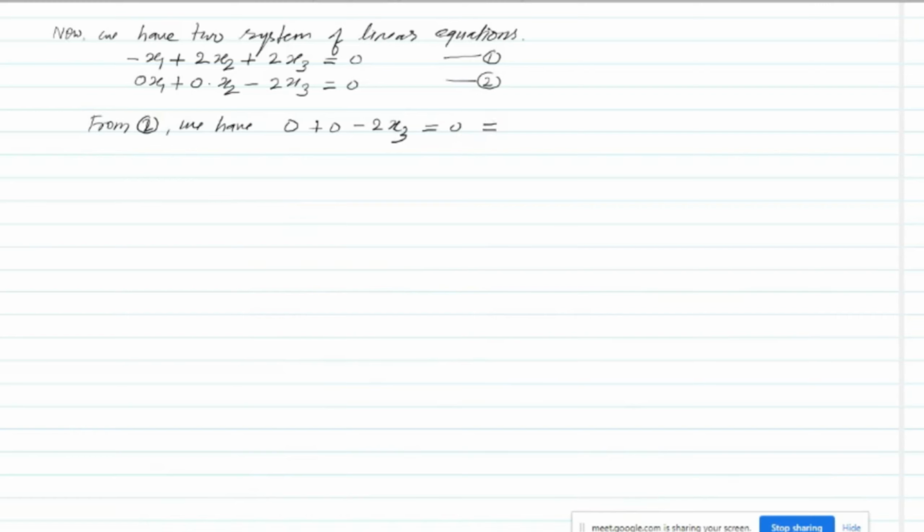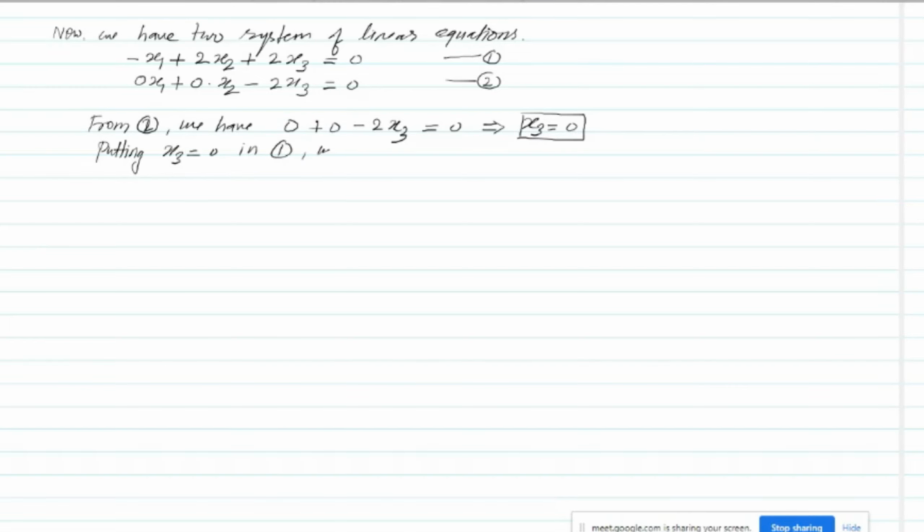So this implies that x3 is how much? x3 is 0. Now put x3 equal to 0 in equation number 1.